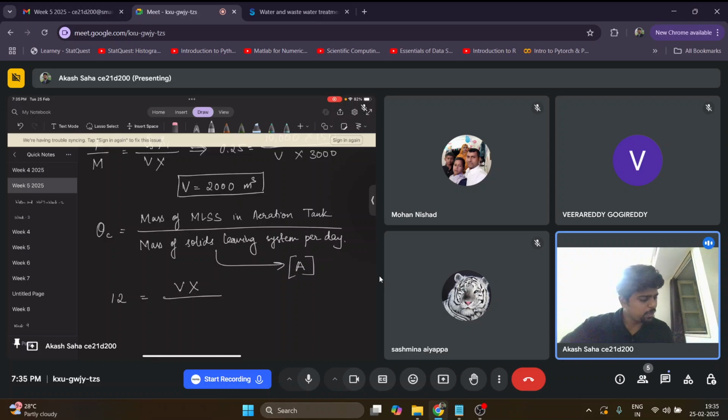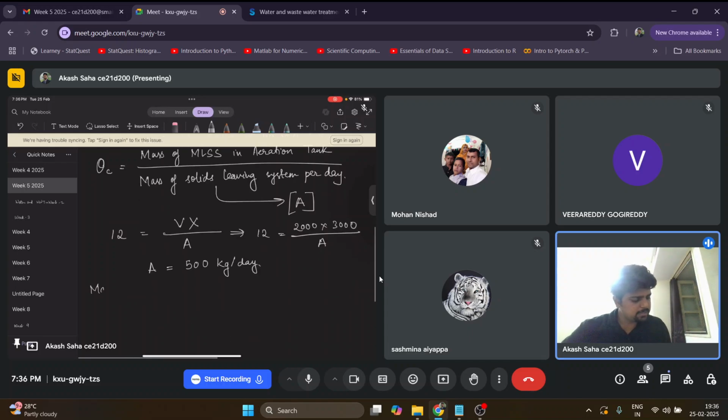And the mass of solids leaving is A. So 12 is equal to 2000 into 3000 divided by A. So my A will come out to be 500 kg per day.